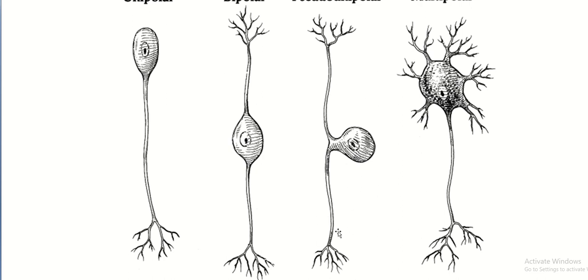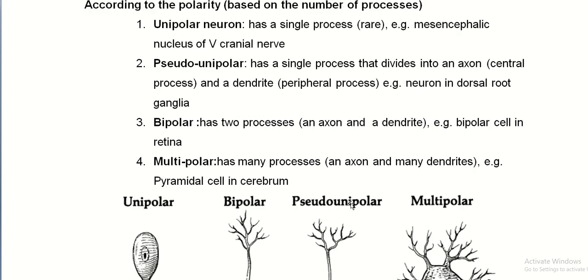The peripheral process acts like a dendrite, and the central process acts like an axon. Why is it pseudo-unipolar? Because embryologically they are bipolar neurons, but these two processes are partially fused, so this is known as pseudo-unipolar.